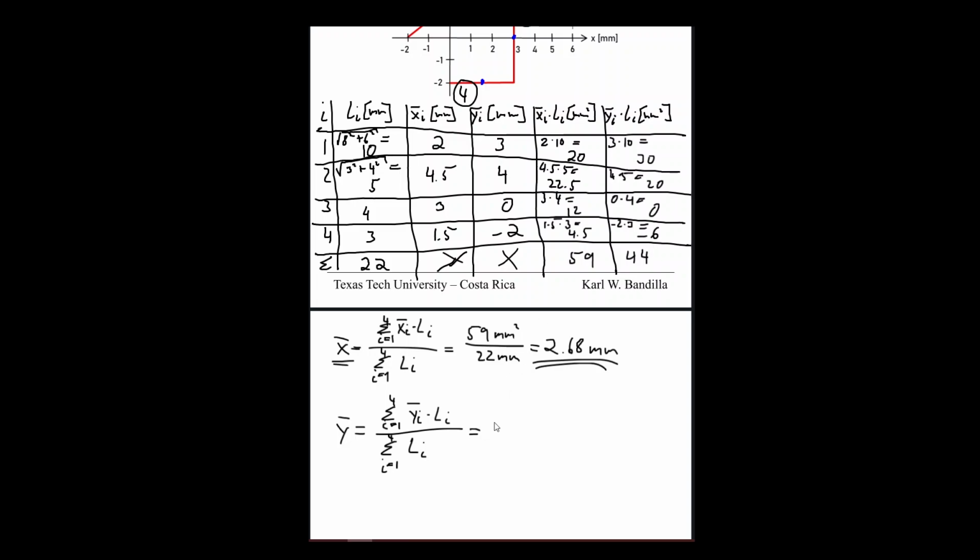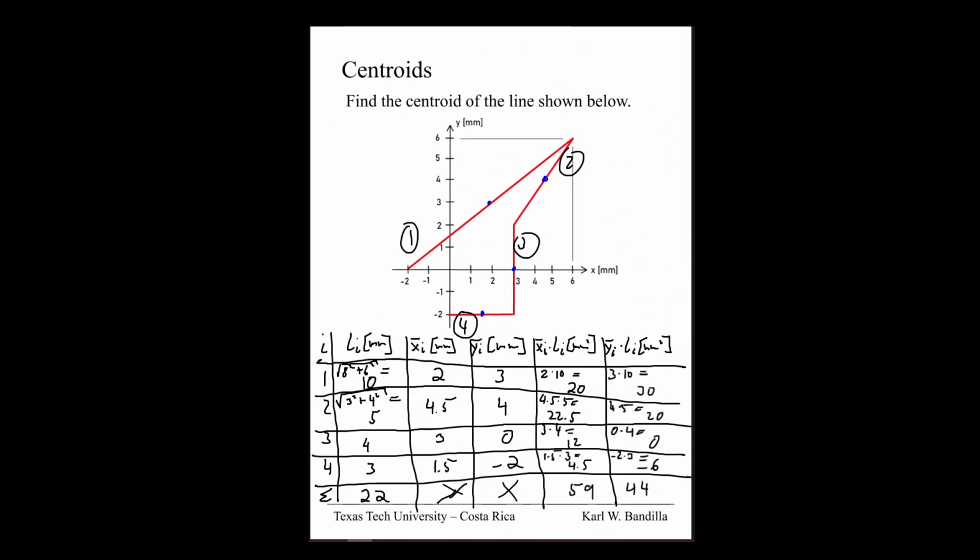And so that's then 44 millimeters squared divided by 22 millimeters. For that, we don't even need a calculator. That's just 2 millimeters.